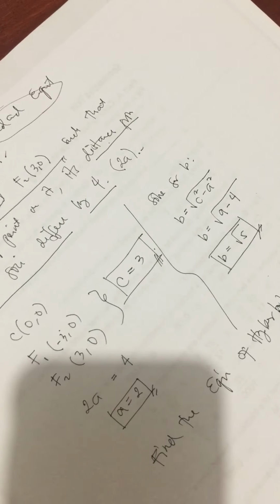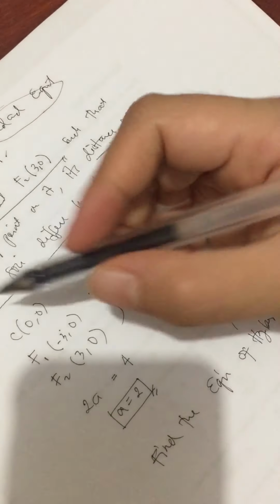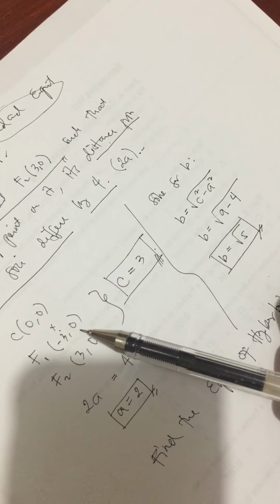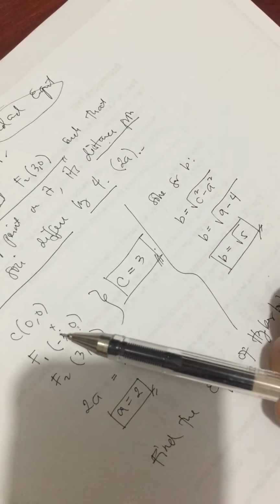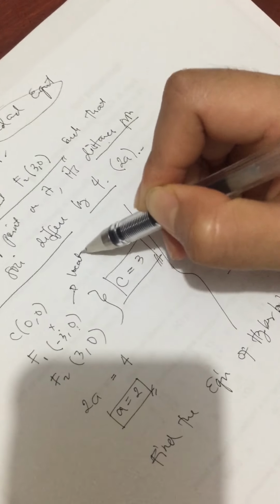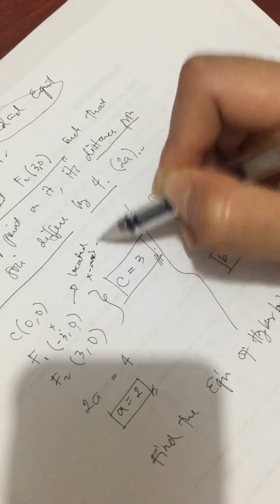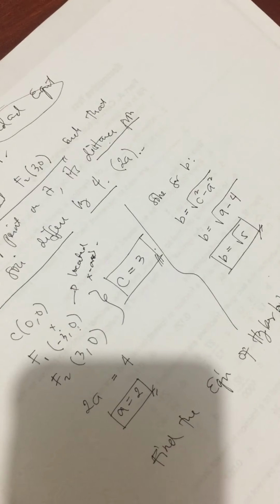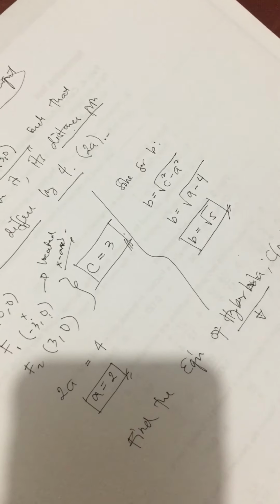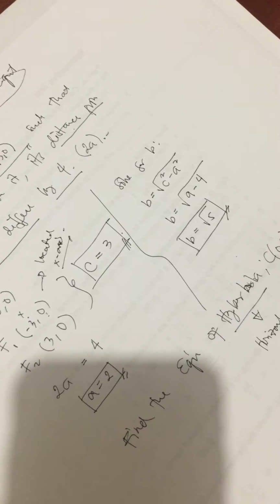As you can see, the value na meron sa ating focus is yung x-coordinate. Tama ba? X-coordinate tapos walang value sa y. This would simply mean that your focus is located on the x-axis. If your hyperbola is located on the x-axis, that would simply mean your hyperbola would be horizontal.